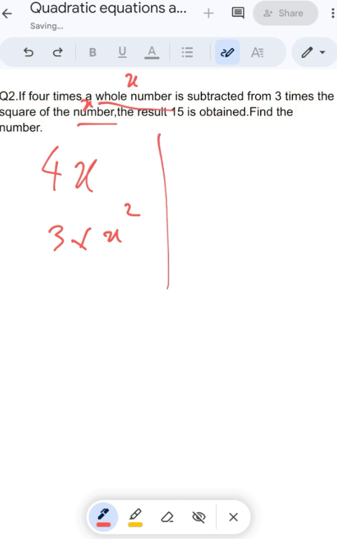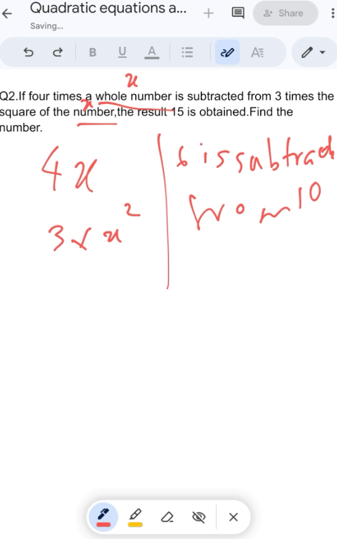Let's give you an example. If I say 6 is subtracted from 10, look, 6 is subtracted from 10. From 10 means that this number 10 is going to be written first, and then I'm subtracting 6 from that. Agreed? So 6 is subtracted from 10.